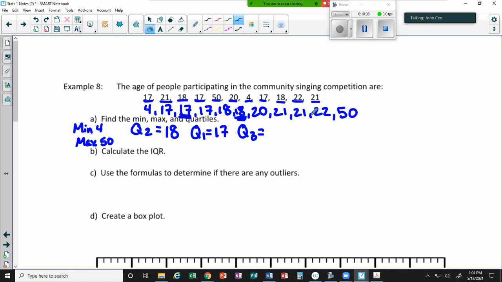So 21 is the middle there. So remember, what's my formula for the IQR? Q3 minus Q1. So it's going to be 21 minus 17. So your IQR is 4.